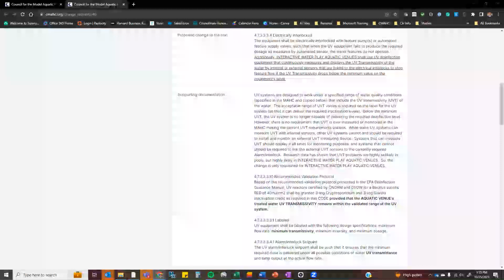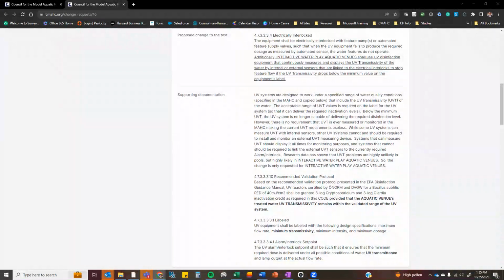Is there a way we can more simply word this that links the proper function of the UV working the way it's supposed to through the water, so that it's interlocked? And if it doesn't meet what it's supposed to per the equipment's label, everything shuts down.